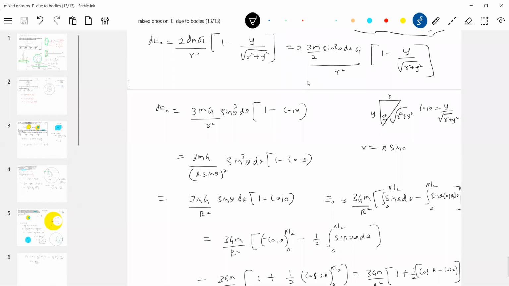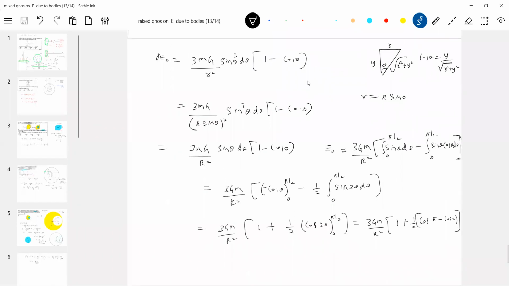Minus sign, so negative of negative. Sir, in the last step, it is GM by r square into 1 plus 1 by 4 cos 2 theta, sir. 1 by 4? Yes, sir. Why 1 by 4? Sir, integral of sin 2 theta is minus cos 2 theta by 2, sir. Okay, that 2 adjusted. Okay, 1 by 4 will come here.